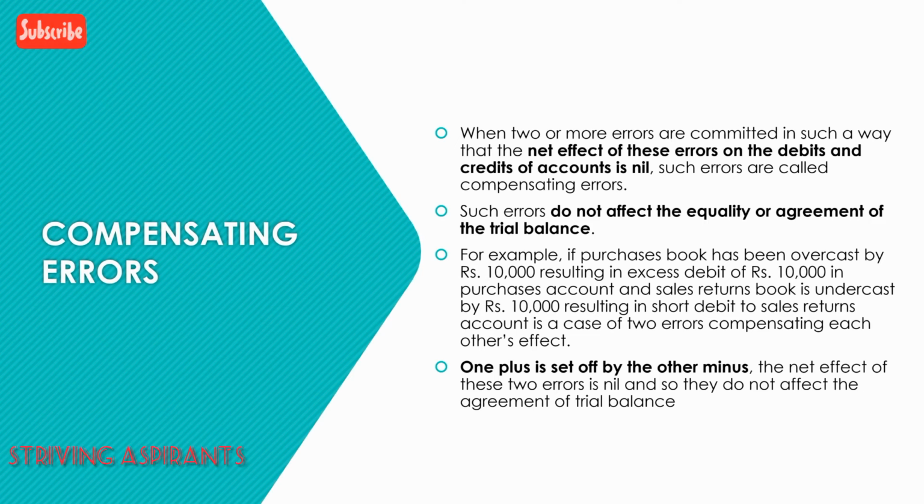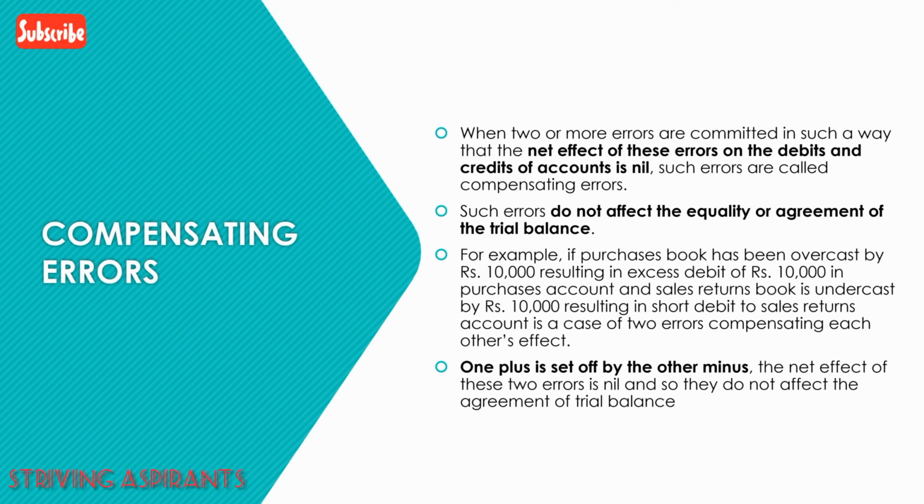If the purchase book has been overcast by 10,000, resulting in an excess debit of 10,000 in the purchases account, and the sales return book is undercast by 10,000, resulting in a short debit to the sales returns account, it is a case of two errors, but they are compensating each other's effect. In other words, one plus is set off by another minus. The net effect of these two errors is nil. Means we can't find it out in the end.